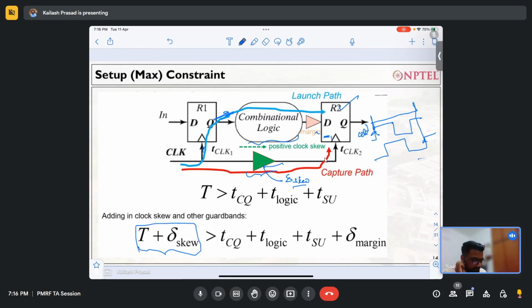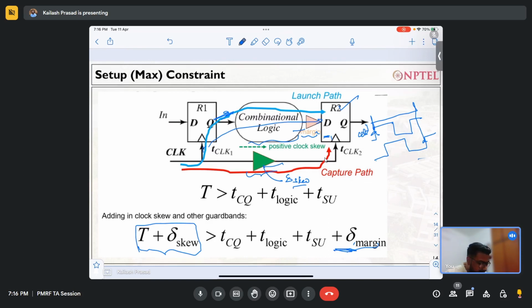Similarly, if there is a margin over here, the time period can be increased by a certain amount. This delay has to be added to the total delay. This is the extra margin we are taking, so that's the reason it is adding over here. This is very simple because it is in the path itself.